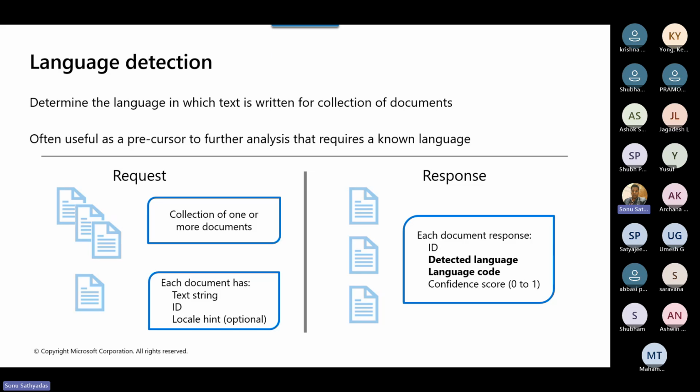The confidence score determines how confident it is about the answer. So you can pass single or multiple texts and it returns the detected language code and confidence score for each document you have passed.